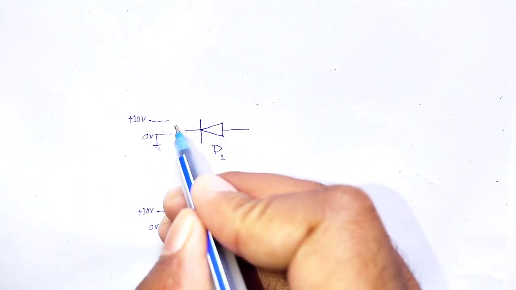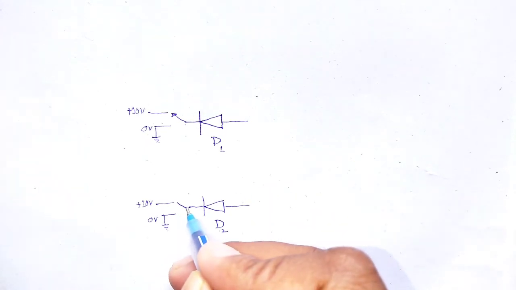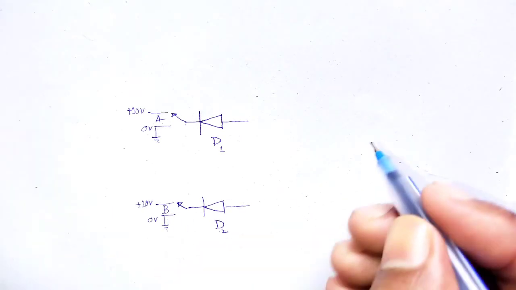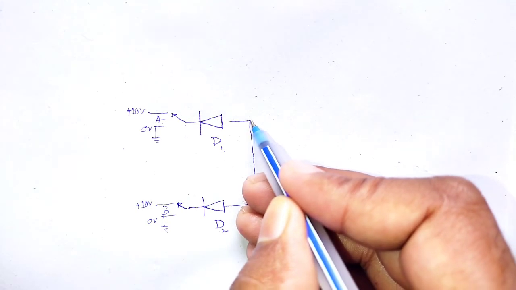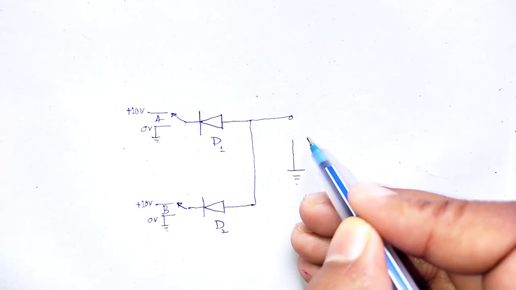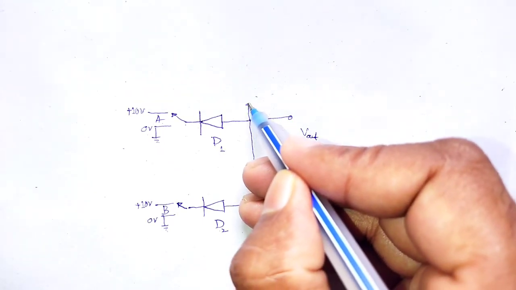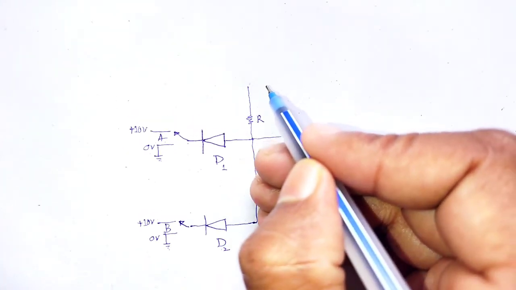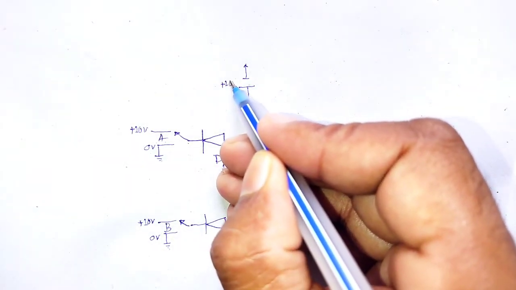Both the inputs are 1, with arrowhead towards 0 volt. Input A and input B, these two are connected as V output through that of resistor R, here the potential plus 10 volt.